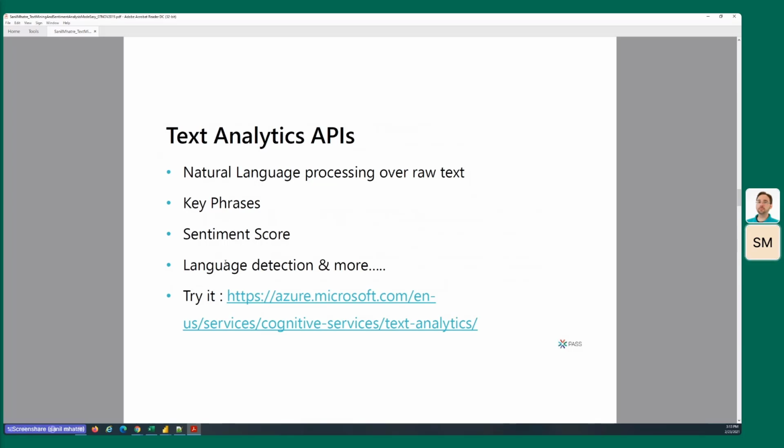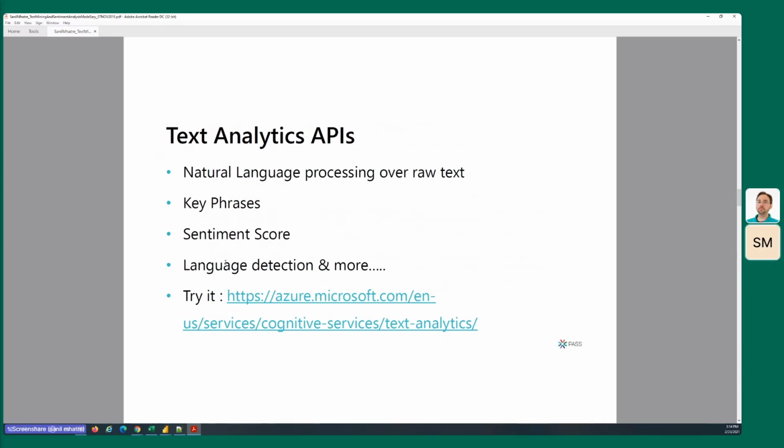With the text analytics APIs, I'm going to focus on key phrases and sentiment scores. You can also use the API features for language detection, for named entity detection. There are also now API features available to identify if your body of text contains PII information as well.